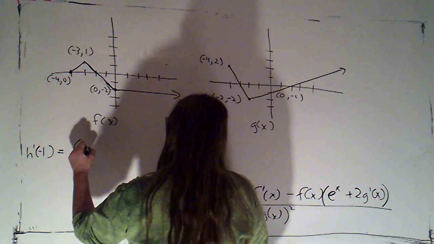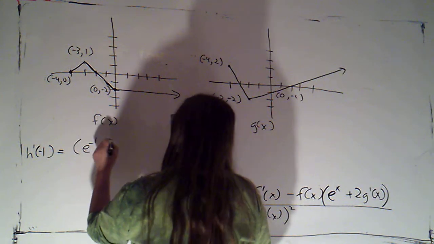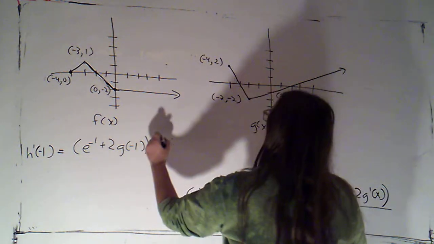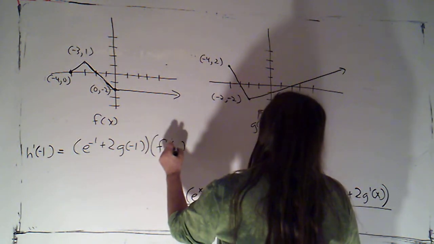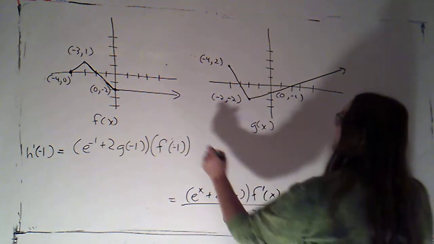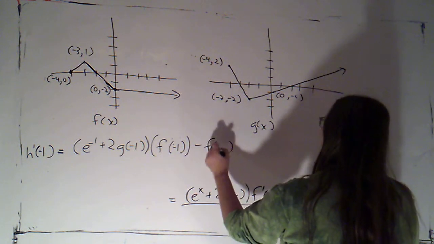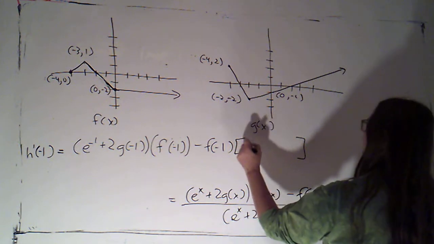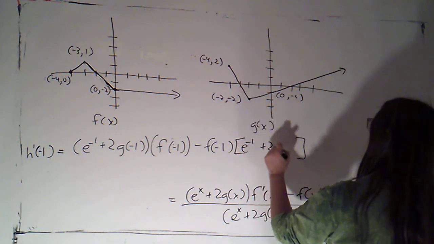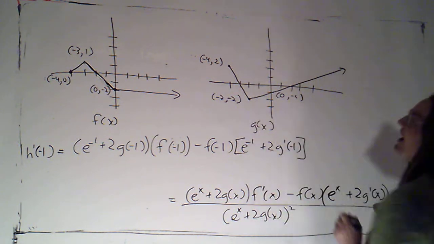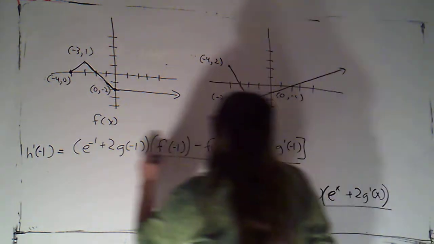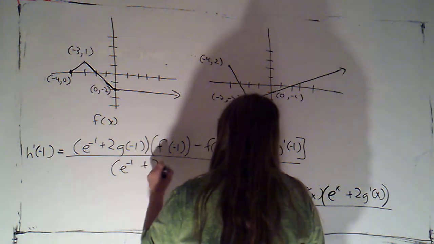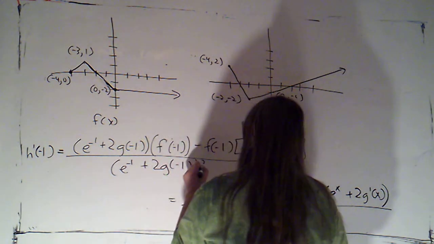So we will have e to the -1 plus 2 times g of -1, times f prime at -1, minus f at -1 times, in brackets, e to the -1 plus 2 g prime of -1, all over e to the -1 plus 2 g of -1 quantity squared.